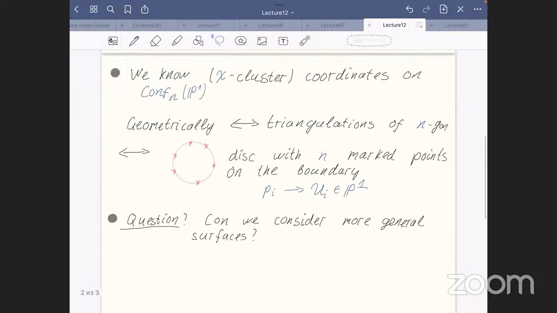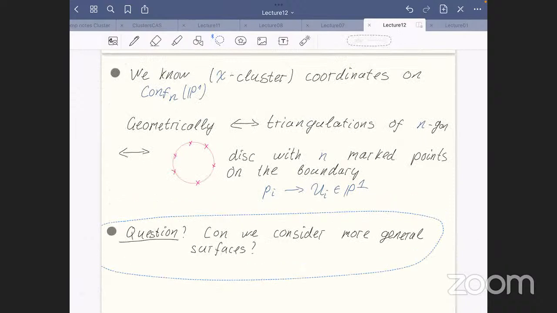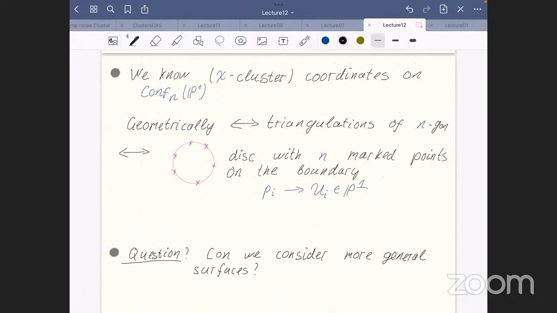The construction of the coordinates started from a triangulation.